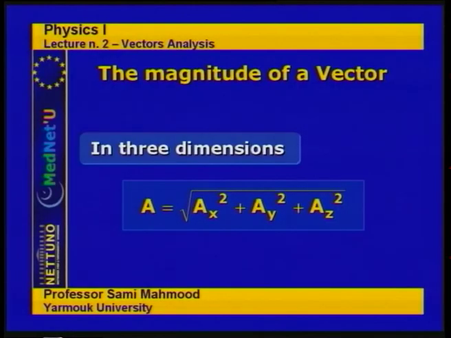The vector, as we said, has both magnitude and direction. A three-dimensional vector has three components, and the magnitude of this vector in three-dimensional space is given by the square root of the sum of the squares of its three components.